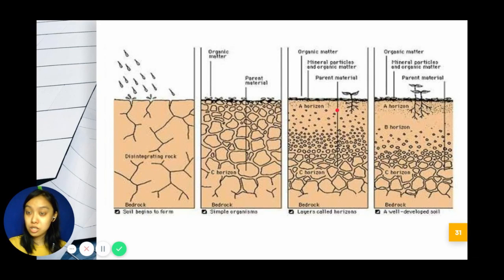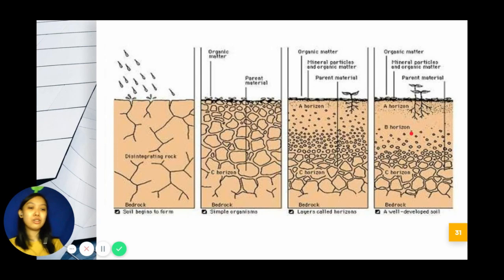Therefore, we can still call it immature soil. Now, as time goes on, more organic material is deposited upon the life and death of different organisms. And also, as time goes on, more weathered products are deposited. At this point, the soil starts to vary greatly from the parent material.